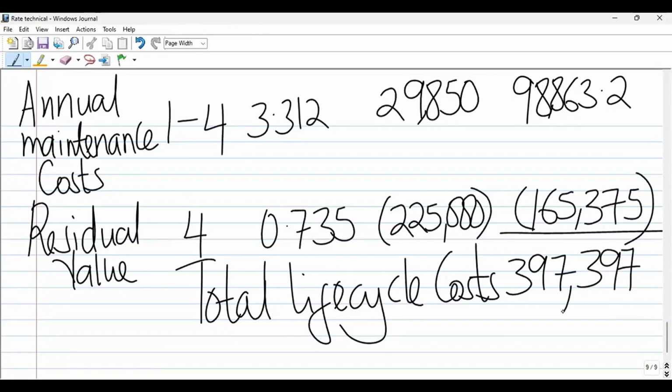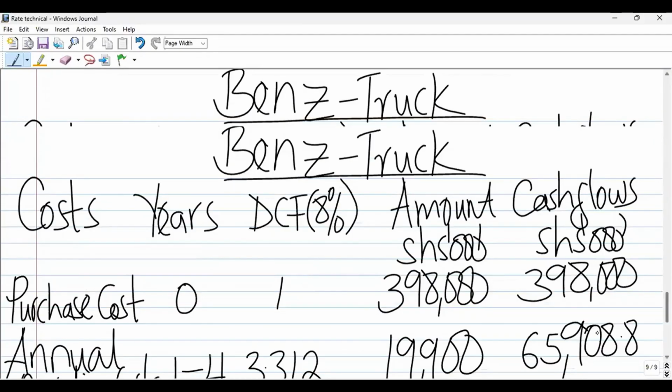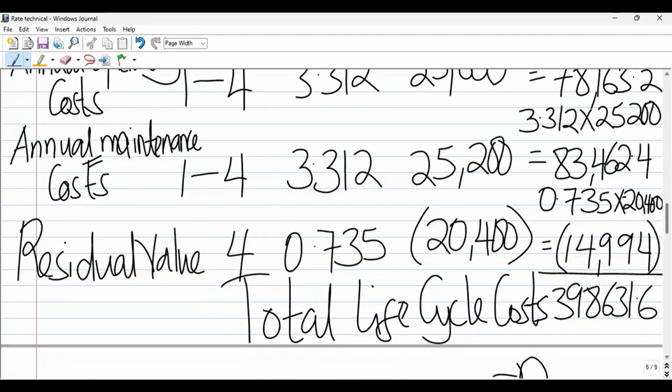So the product with the lower life cycle cost is the one we recommend. So it is the Benz truck.